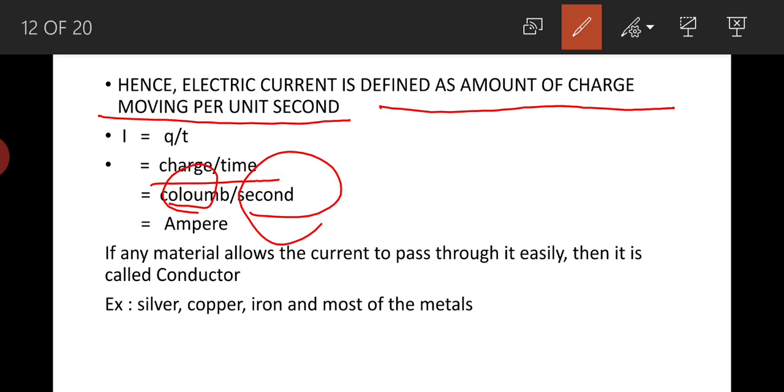This is standardized as 1 ampere. 1 ampere is 1 coulomb per second. If any material allows the current to pass through it easily, then it is called a good conductor of electricity. Examples are silver, copper, iron, and most of the metals.